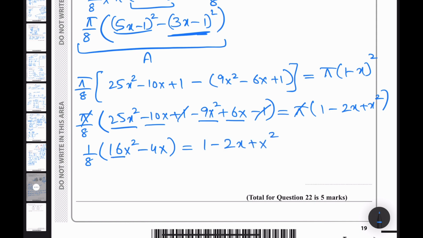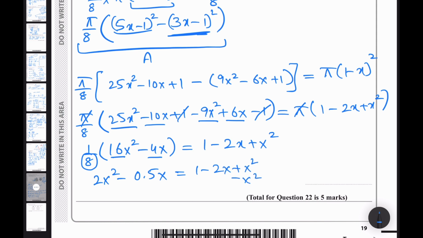Now I'll divide both of them by 8 because this is being divided by 8. So 16 over 8 will become 2x square minus 0.5x. 4 over 8 is like 0.5x equals 1 minus 2x plus x square.